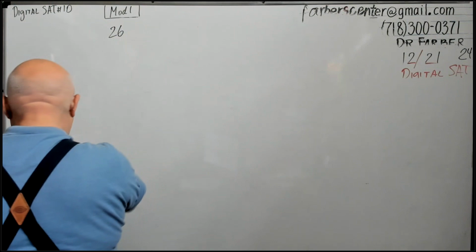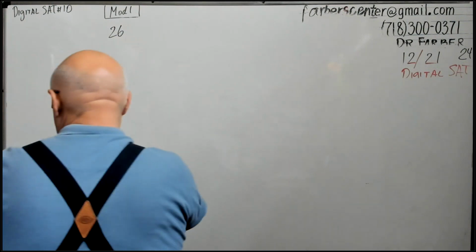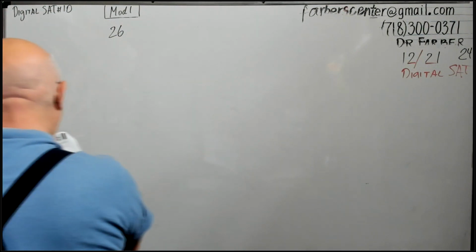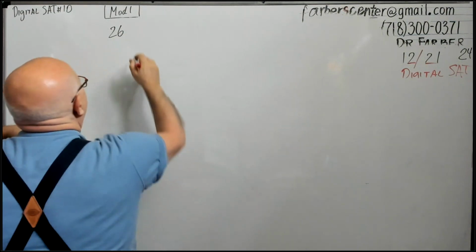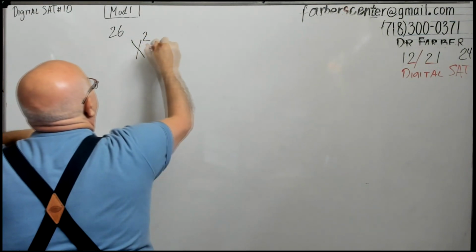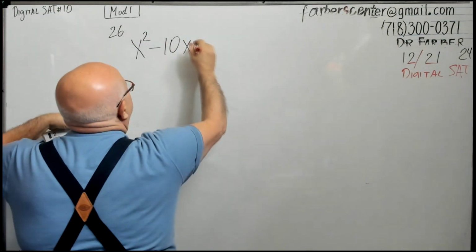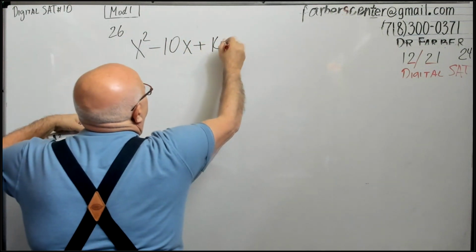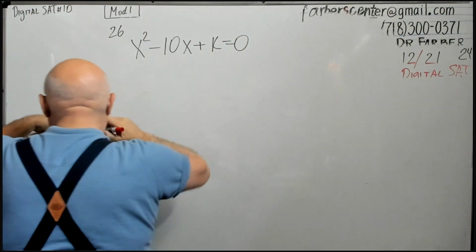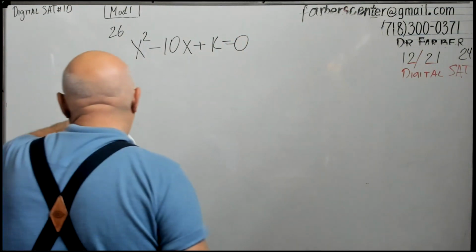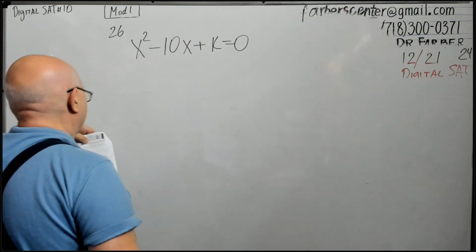In 26, what do we have? X squared minus 10x plus k equals 0 has two roots, a and b.